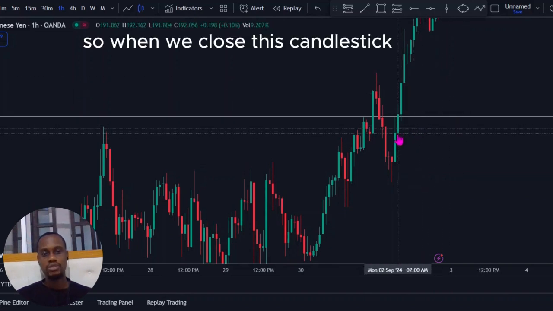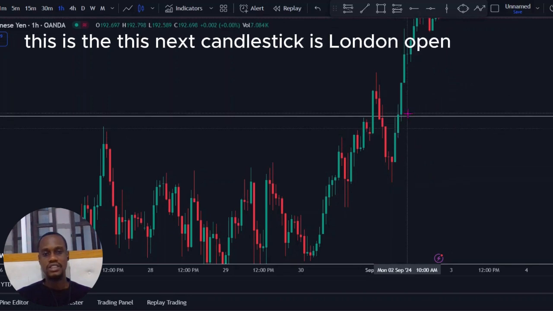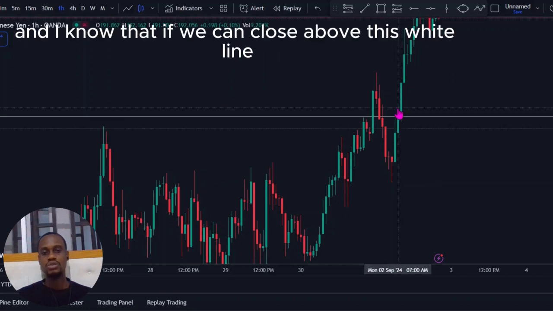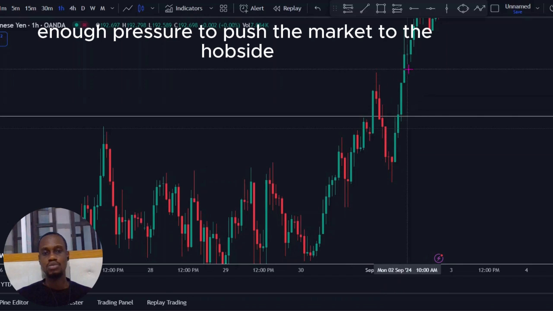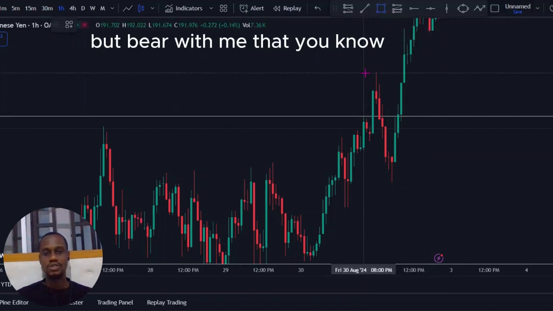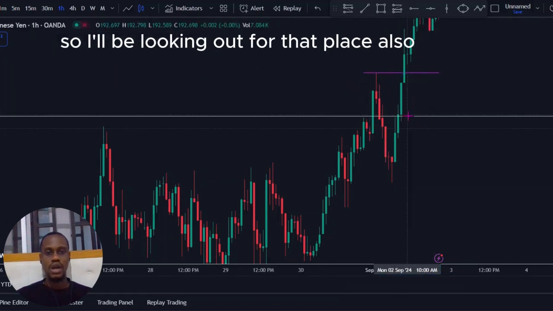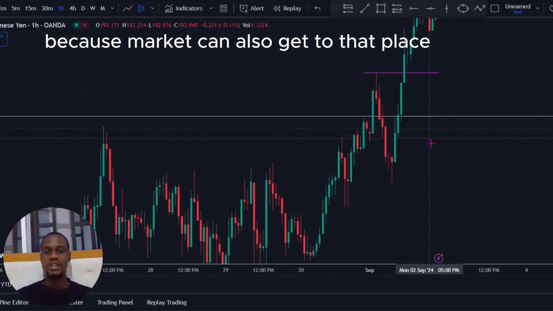So when we closed this 1 hour candlestick, I was like, okay, the next candlestick is London open, and I know that if we can close above this white line, there will be enough pressure to push the market to the upside. But bear with me, this place was where the market got to before it reversed. So I'll be looking out for that place also, because the market can also get to that place and reverse on me.